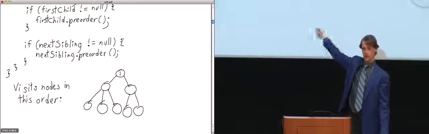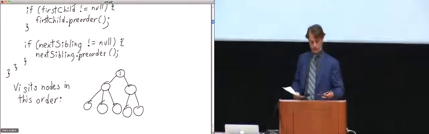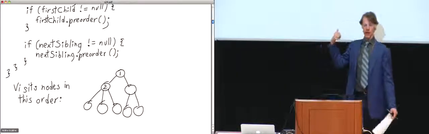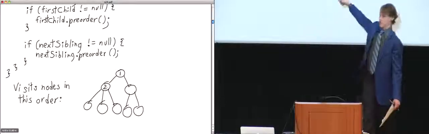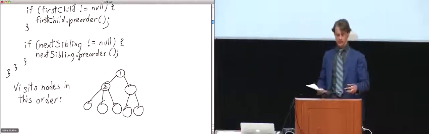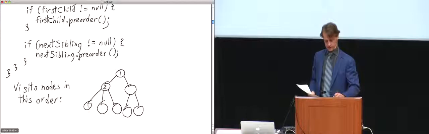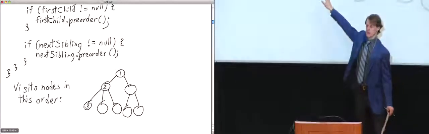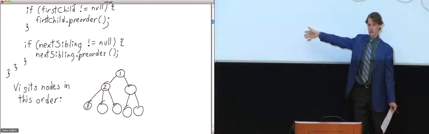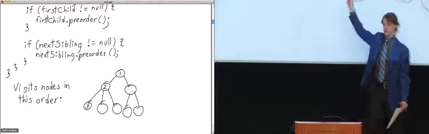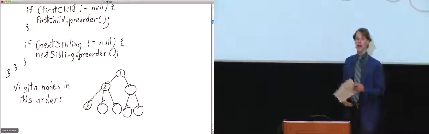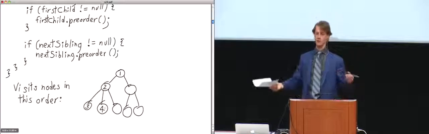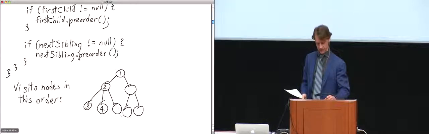Then you call pre-order recursively on its first child, and that means we visit the first child. The child calls pre-order recursively on its first child. So the left child's left child gets visited third. Now this node doesn't have any children to call pre-order on, so we're done with its children, and so it goes on to call pre-order on its next sibling. And so its sibling gets visited fourth, and that one calls pre-order on its next sibling, which gets visited fifth.